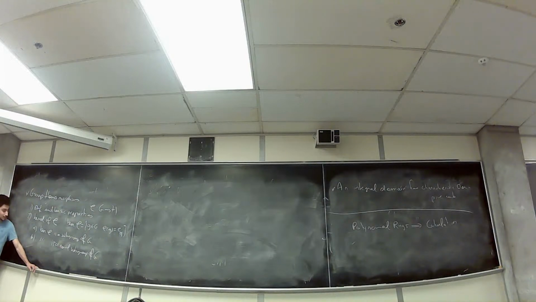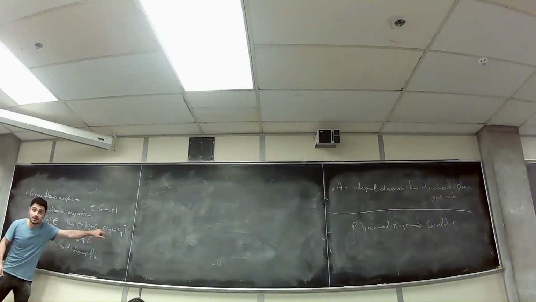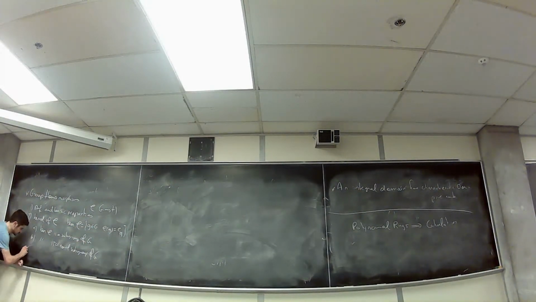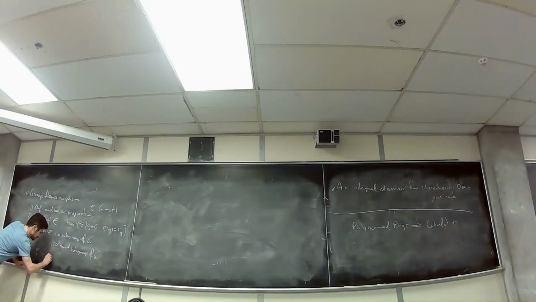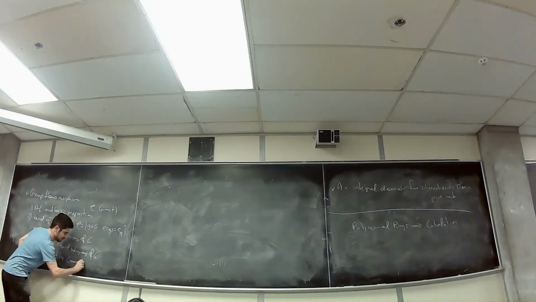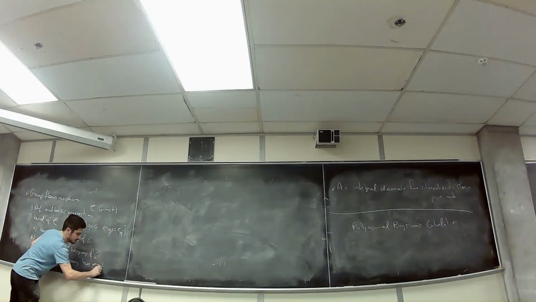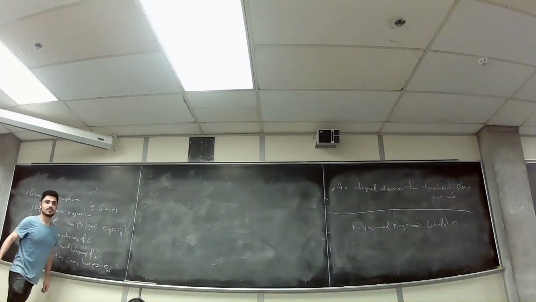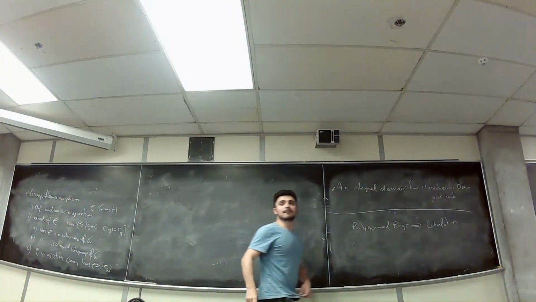Phi is injective if and only if the kernel is equal to e_G. Exactly, very good. See? It's not that bad. You studied groups, I guess. Why is it injective if and only if the kernel of phi is e_G? Very good.